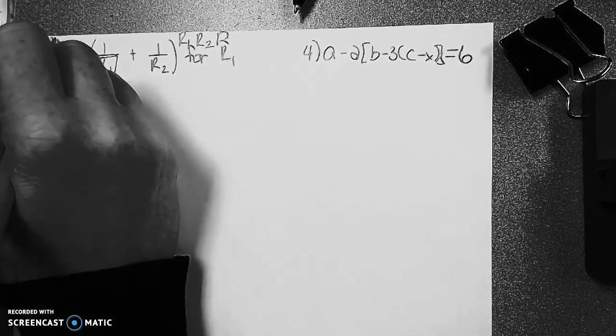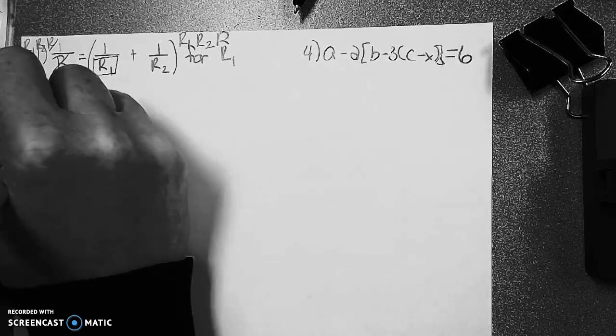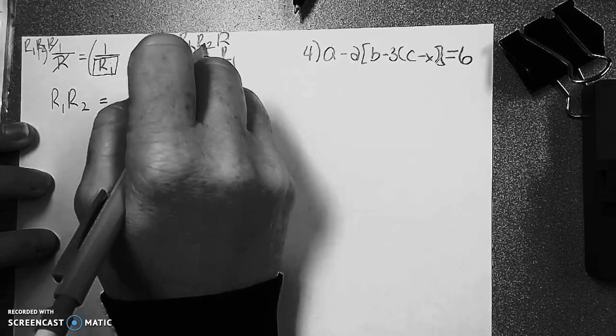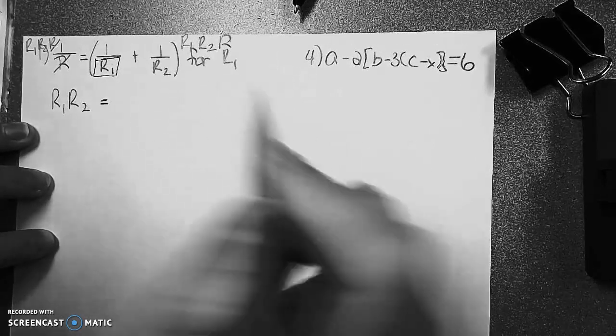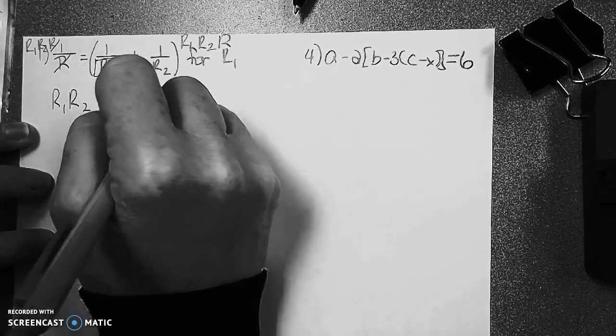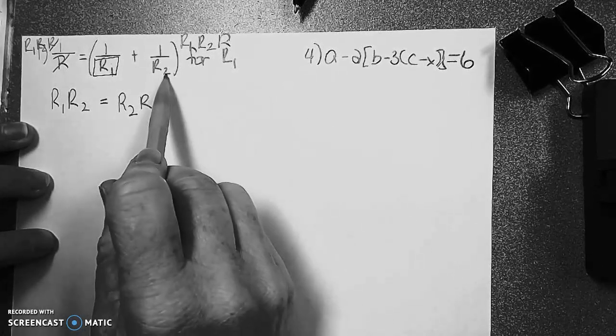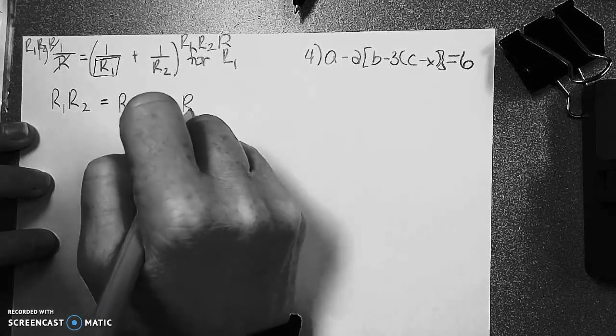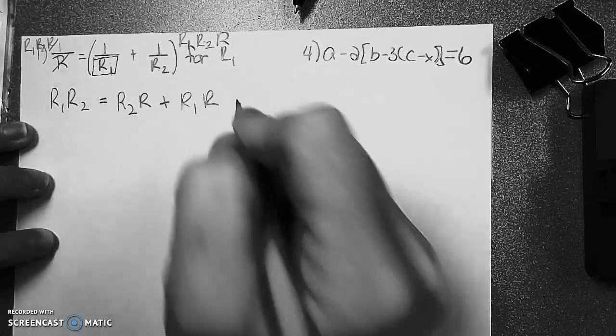So on the left-hand side, r cancels, and we're left with r1, r sub 2 equals. I am going to distribute, so in my first fraction, the r1s will cancel, which means I'm left with r2 and r. Plus, in my third fraction, the r sub 2s will cancel, so I'm left with r sub 1 times r.